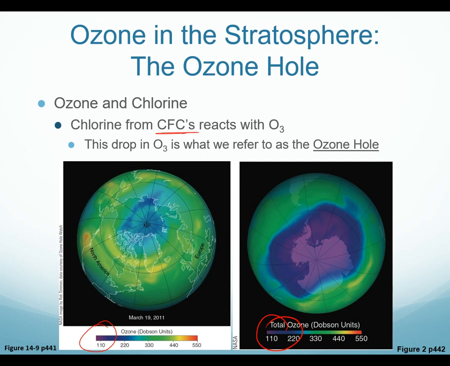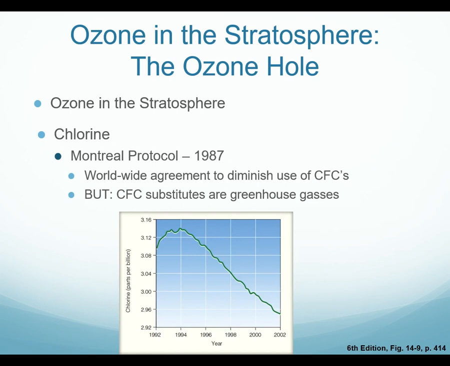We were seeing that ozone hole depletions were well out of hand. They were not good at all. And so a bunch of countries sat down together in Montreal, Canada in 1987, and they made an agreement to diminish the use of chlorofluorocarbons.